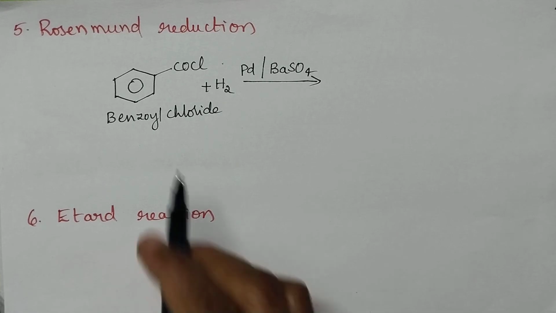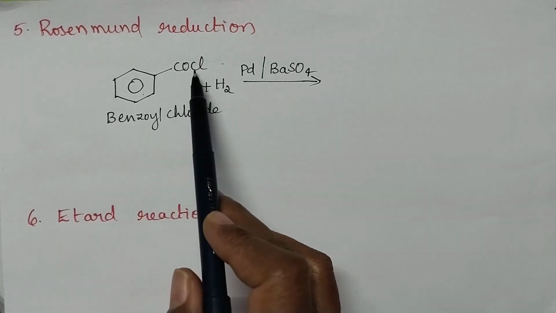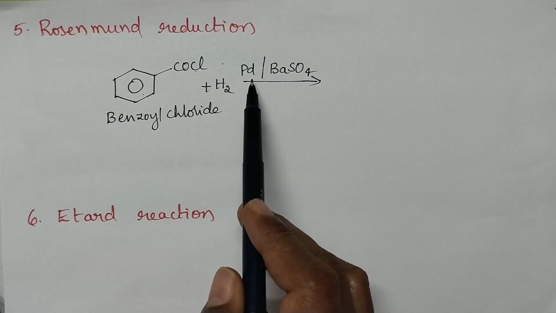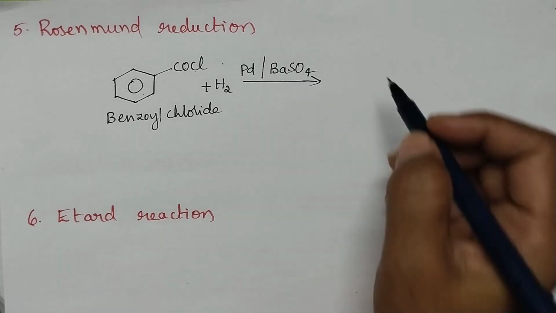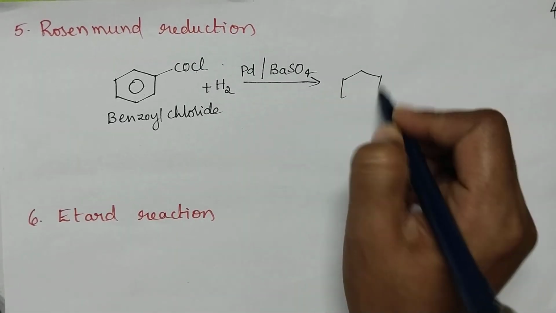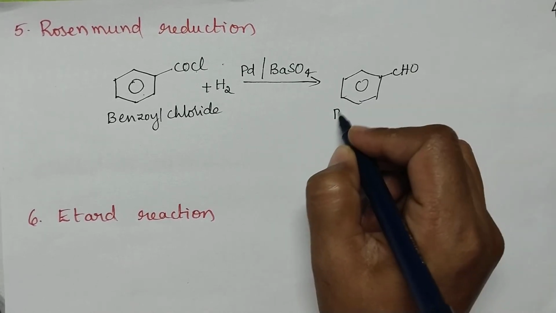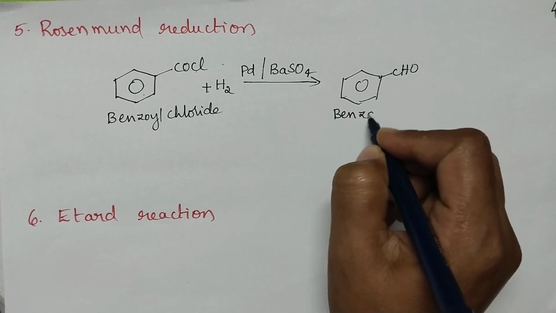So especially acid halides undergo reduction in the presence of palladium and barium sulphate and it results in the formation of aldehyde. In this case, benzaldehyde can be prepared.